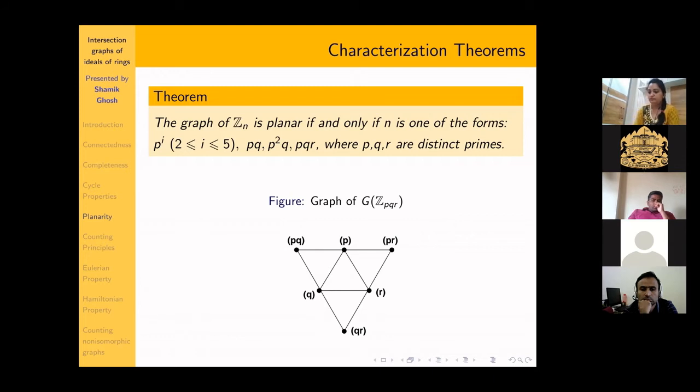In this way you can visit all the edges, but only once, and you can make an Eulerian tour here. So the whole graph becomes Eulerian. The graph is connected and all the vertices are of even degree. These 3 vertices are of degree 2 and 3 vertices are of degree 4.